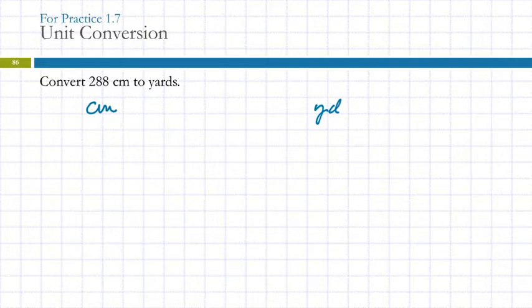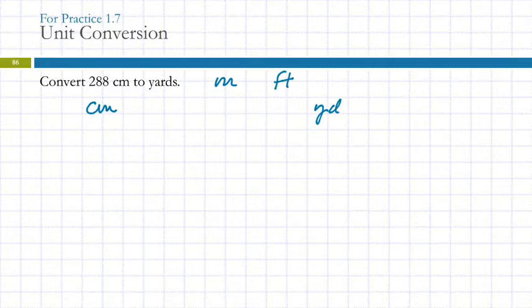So what do we know just out of the top of our head that's between centimeters and yards? Meters? Okay, we might use meters. What else might be useful? Feet. So we know how many feet are in a yard, right?